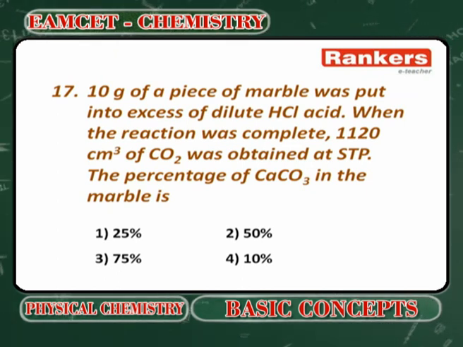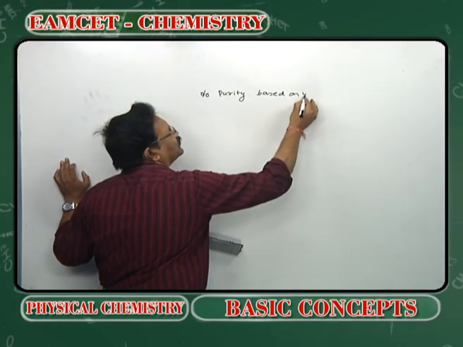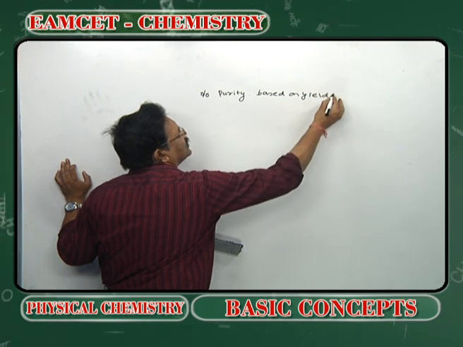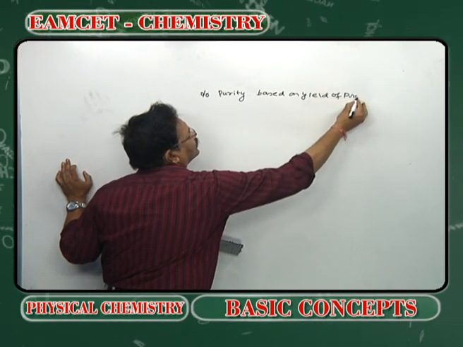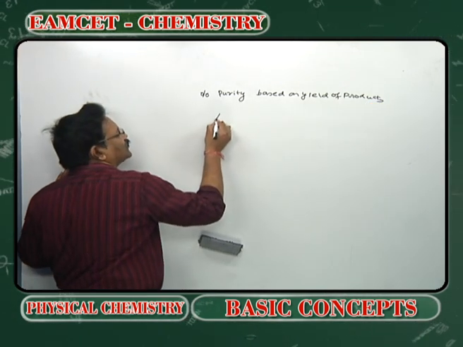Next, this is a problem based on the percent of purity. Percent of purity can be calculated in two ways. Calculation of percent of purity based on the yield of the products is as follows.